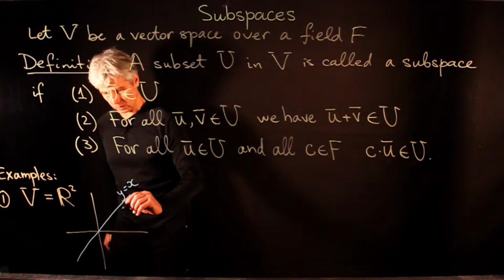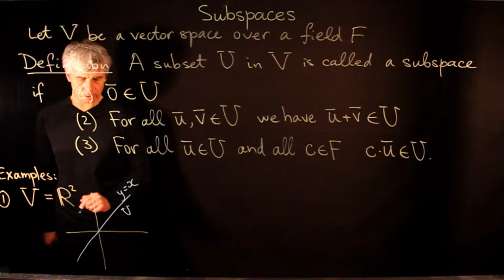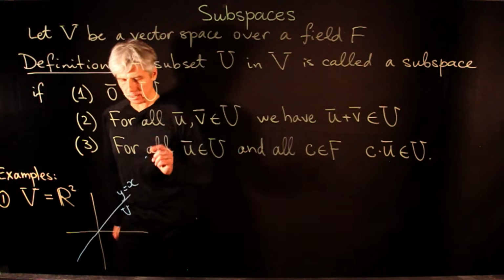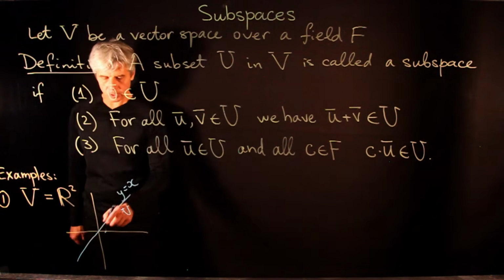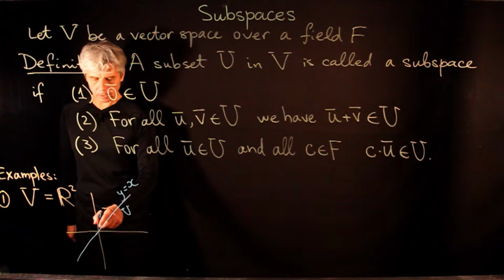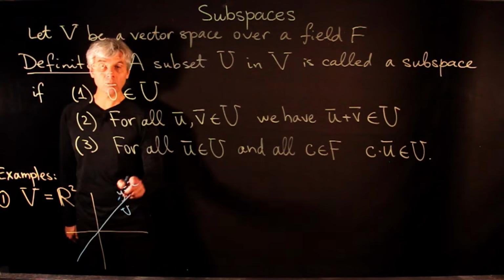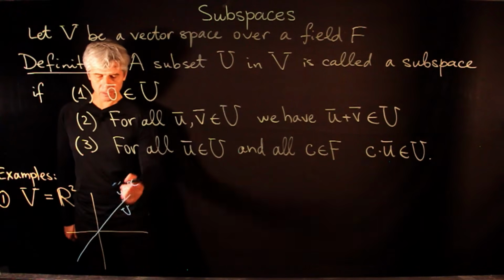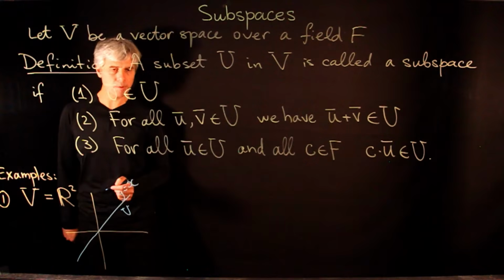So here in this example, V is a coordinate plane, and U is a line y equals x. So we can see the vectors with a starting point in the origin and the end point on this line. So we claim that this subset U satisfies properties 1, 2, and 3.